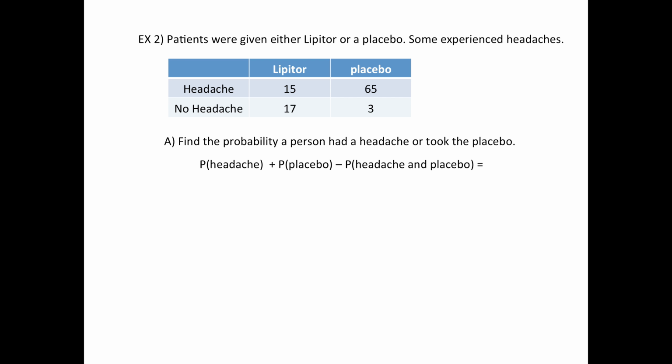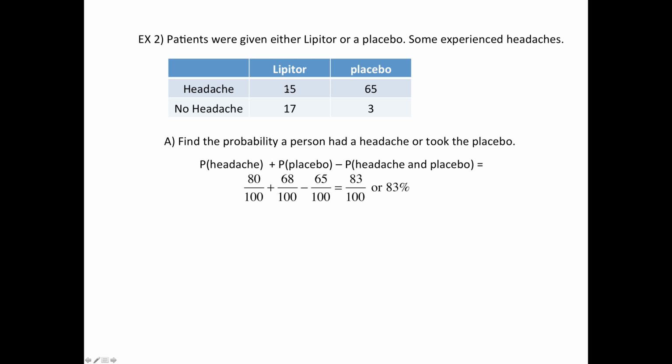So again, the or means we're going to add them together, but it's possible that somebody both had a headache and they took the placebo. So here we have headache people. Headache people would be this 15 and 65, so that's 80 headache people. The placebo people, that's going to be these people, 65 plus 3. But then those people that had a headache and placebo, these 65, they just got double counted.